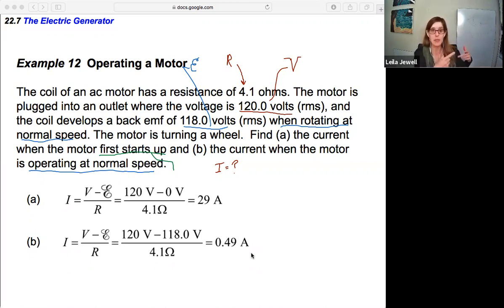But you're just keeping it going. And the current reflects that. When it's a lot of work to get it going, you need a lot of current to get that motor turning. But once you get the motor turning, it doesn't require anywhere near as much current. So there you have it, a look at the electric generator, which also helps us better understand the electric motor. Pretty nifty.